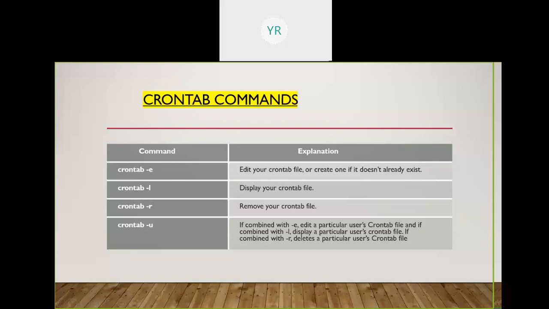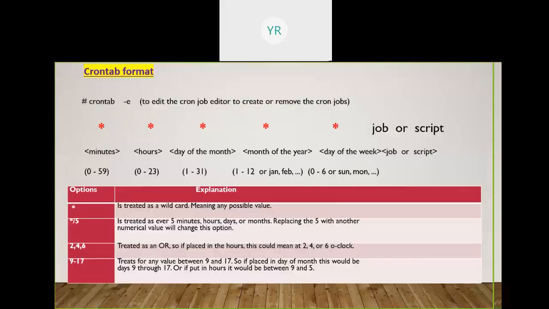Next, if you want to remove the crontab file for a user or root, simply execute crontab -r. If you want to update a user's file, you use crontab -u. These are simple commands, a simple tool to use cron jobs. So how do we schedule a cron job? There's a format for the crontab file.